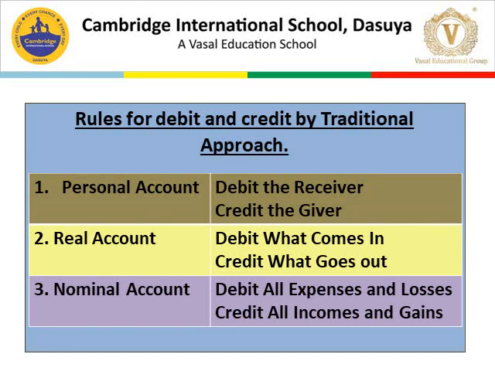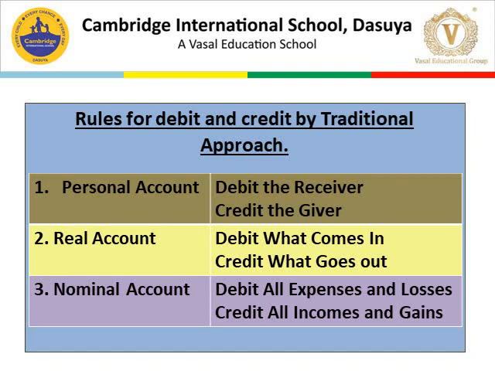Rules for debit and credit by traditional approach are here below. Number 1, personal account. It covers all the persons: natural person, artificial person, and representative person. The rule for the personal account is debit the receiver, credit the giver. Second is the real account.